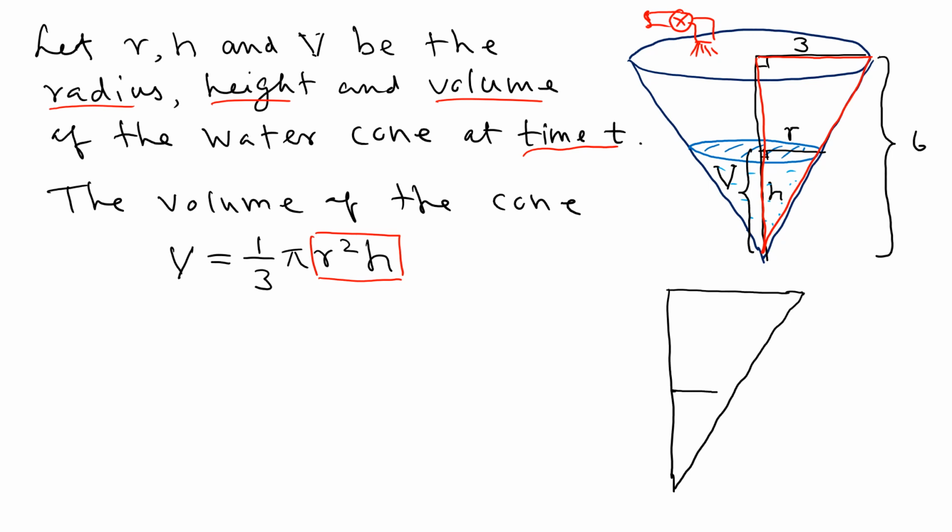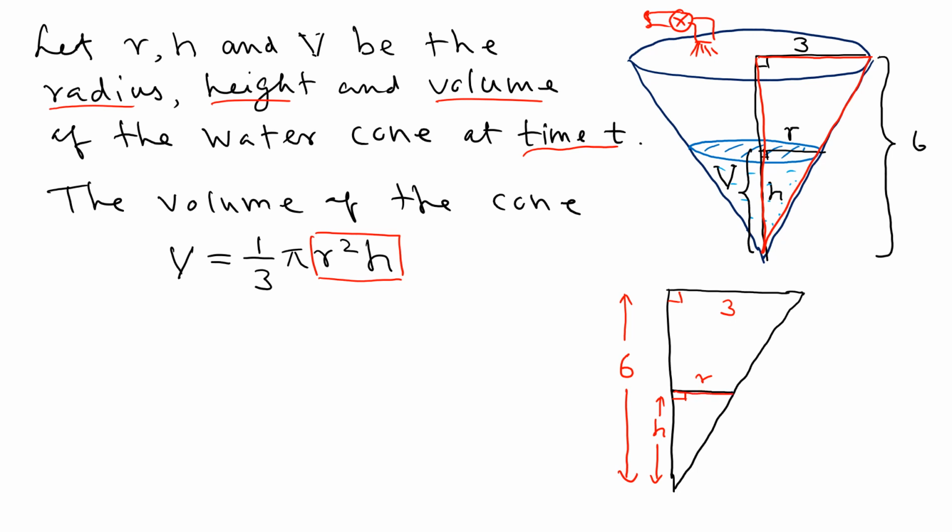So we have the radius of the water and the height of the water, and then these are all 90 degrees, so that means there are two similar triangles here. Then we have 3, that's the base radius, and then we have 6, that's the height of the cone.